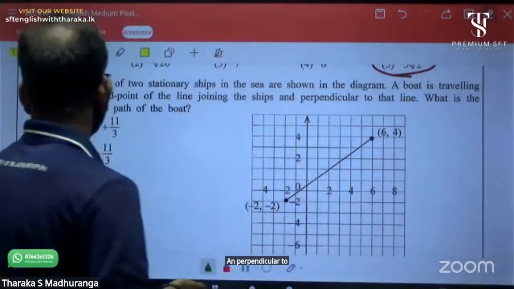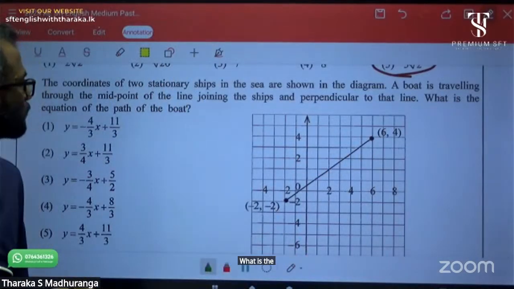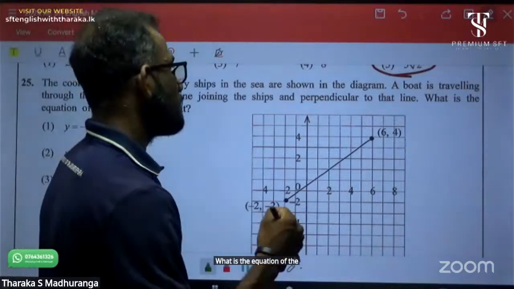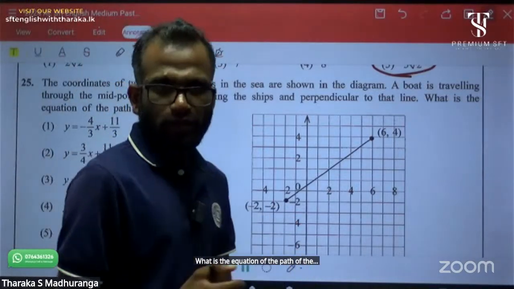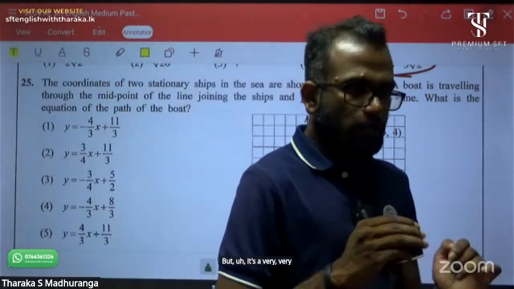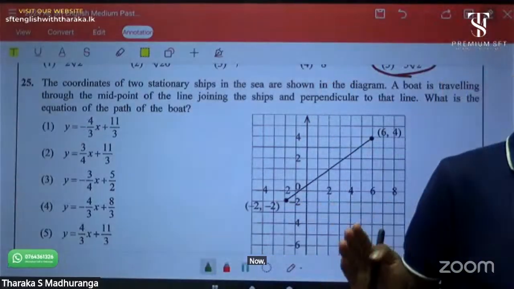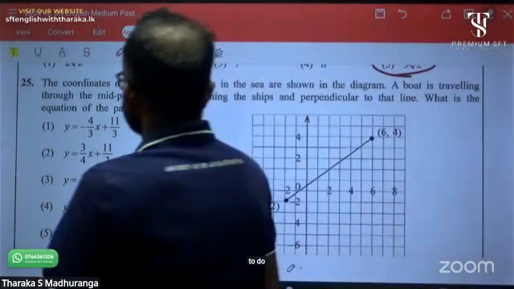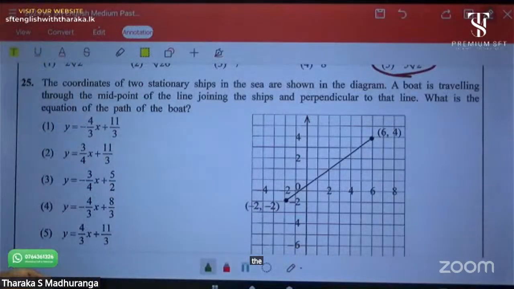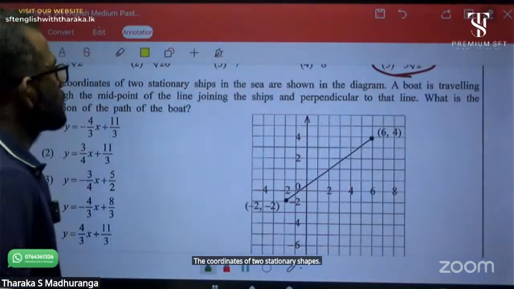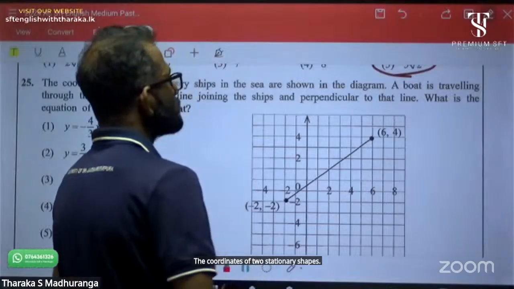What is the equation of the path of the boat? It's a very, very good question. Now you should have entire unit knowledge to do this type of question.